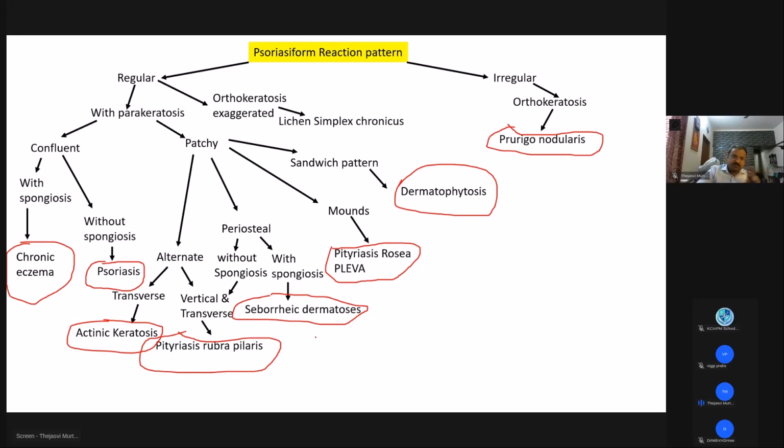If there is patchy periosteal parakeratosis that is vertical and transverse, it is pityriasis rubra pilaris. Sandwich pattern, dermatophytosis. Mounds of parakeratosis, that is spongiosis with acanthosis and parakeratotic mounds, pityriasis rosea or PLEVA. And orthokeratosis with irregular acanthosis, there is one entity, prurigo nodularis.